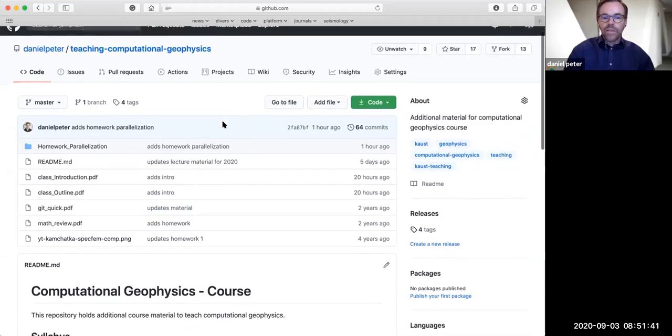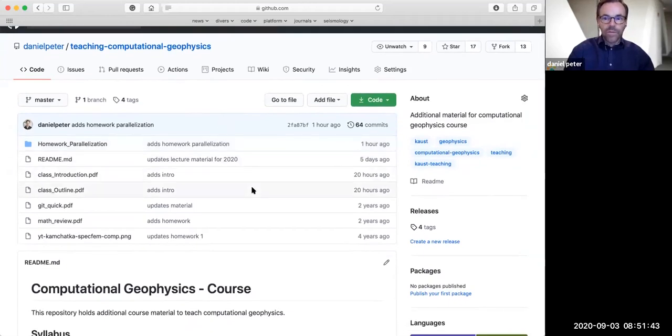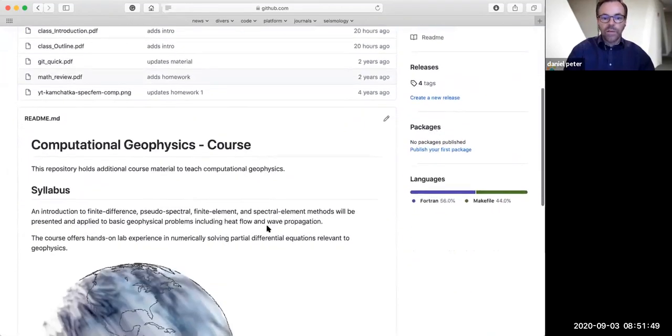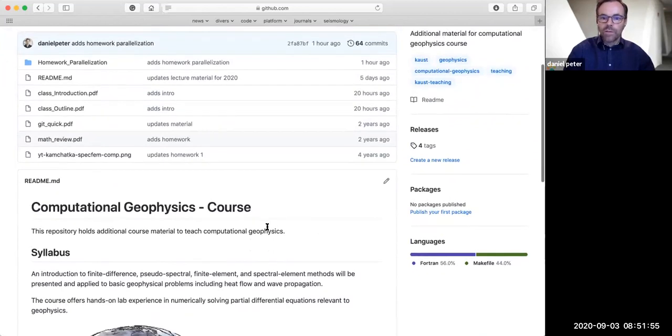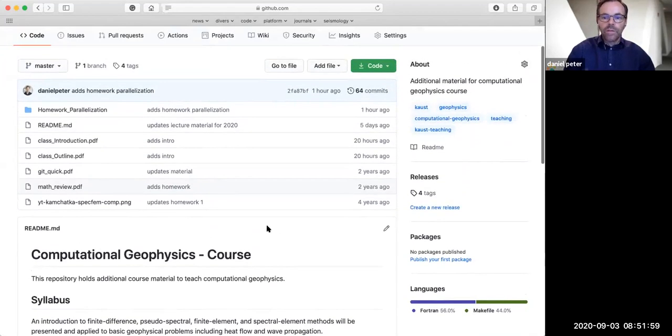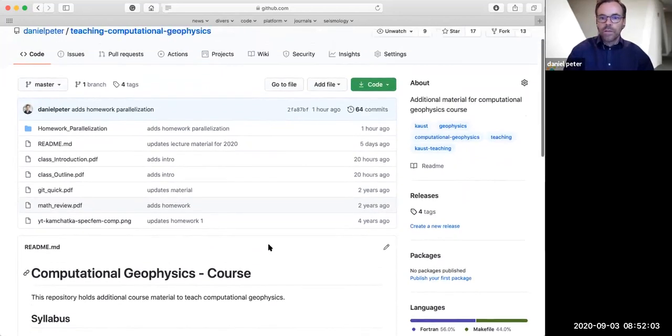We don't really need that feature for this class, because I just upload material. There's not much version control on this part. But it's good for you to get used to Git, how you call Git, how to set it up.